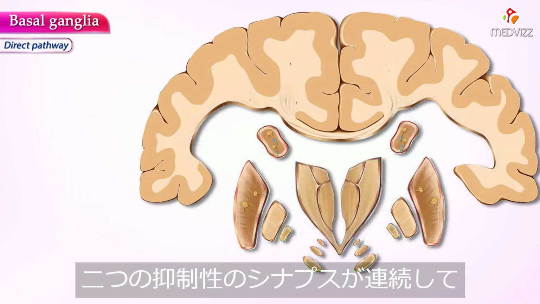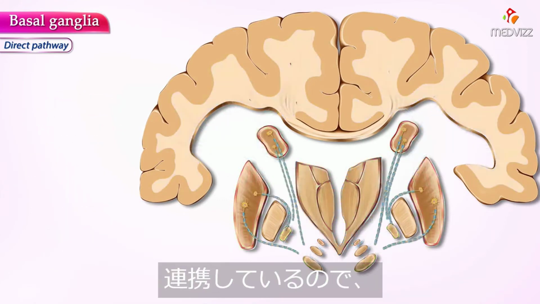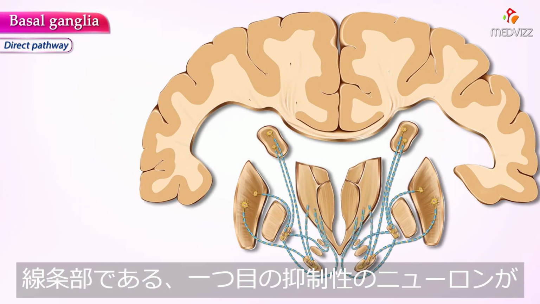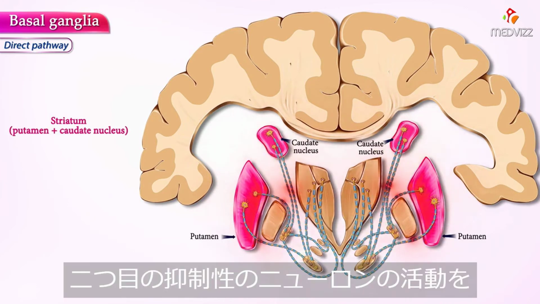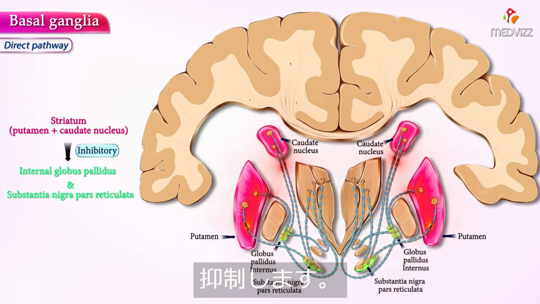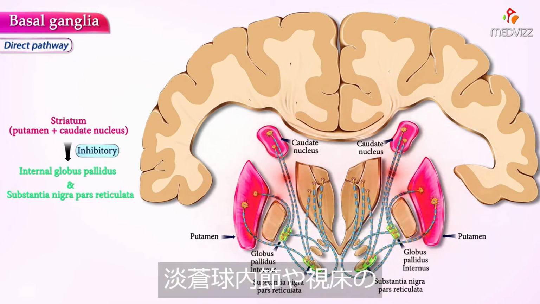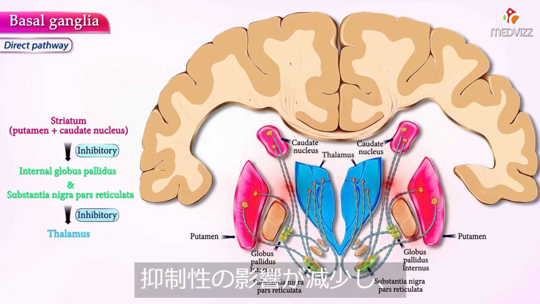Well, because two inhibitory synapses are connected one after another, the first inhibitory neuron, which is the striatum, suppresses the activity of the second inhibitory neuron, which is the globus pallidus. Due to this, there will be a reduction of the inhibitory influence of the globus pallidus on the thalamus.